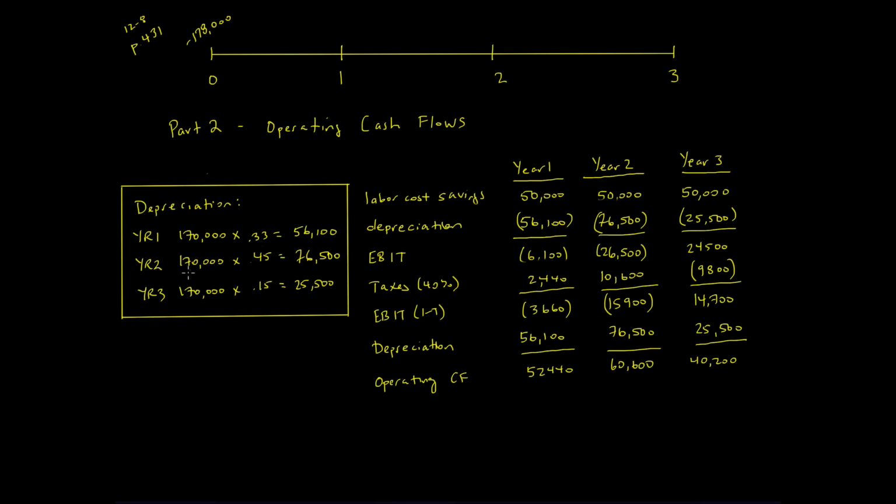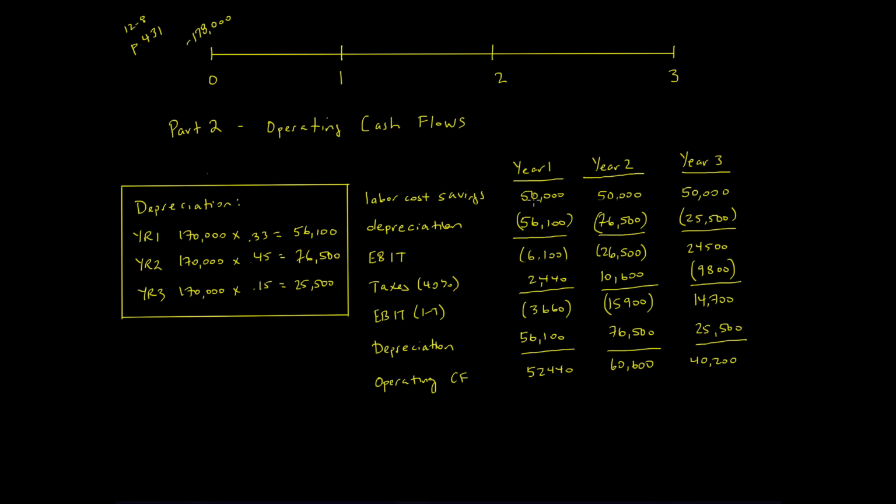So you'll see in year 2, depreciation was calculated as $170,000 multiplied by 45% equals $76,500. And in year 3, $170,000 multiplied by 0.15 equals $25,500, which I have put in year 3.